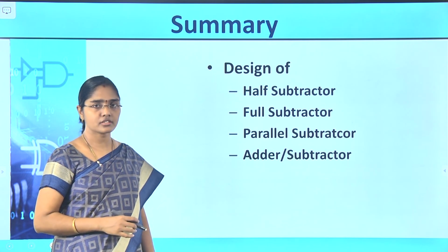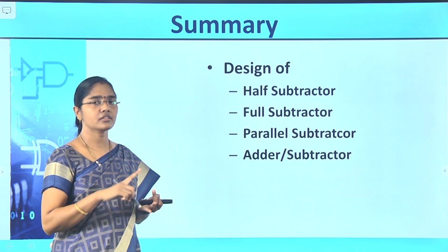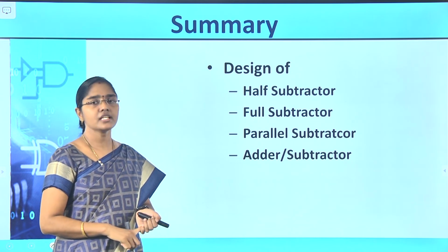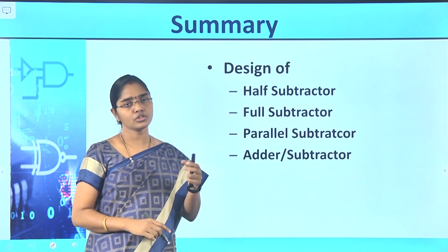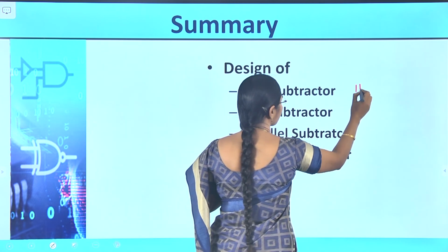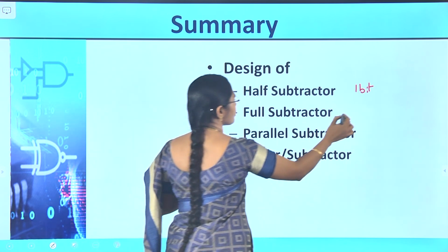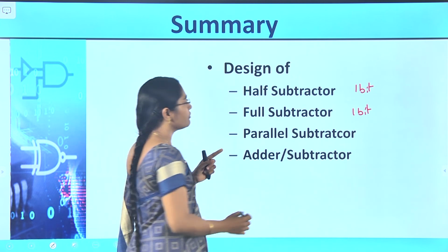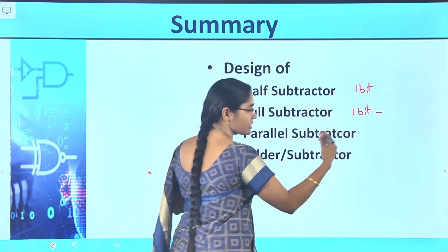The summary of today's lecture is, we have seen half subtractor, full subtractor, parallel subtractor, adder bar subtractor. Basically, a subtractor is a combinational circuit which performs subtraction between two numbers, and if those two numbers are 1 bit, then a half subtractor will be used, and a full subtractor is also used for the subtraction of 1 bit numbers, but the full subtractor will take the previous borrow in also, that means borrow from the previous stage.